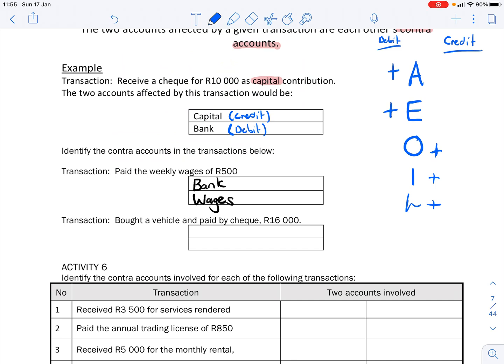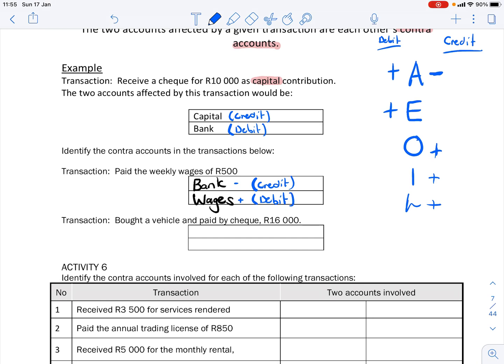Bank, if we are paying money, would be decreasing, and wages is an expense, which would be increasing. If we were to break this down further, because bank is an asset that is decreasing, we would credit bank. And because wages is an expense that is increasing, we would debit wages.